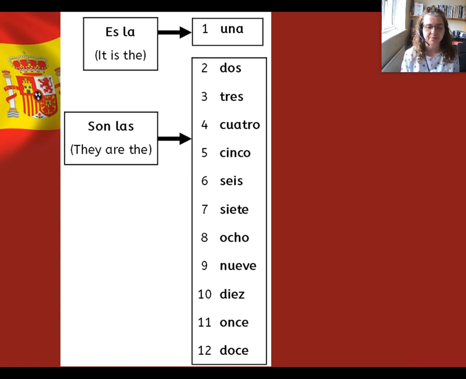Es la una. And it is 7 o'clock. Son las siete. It is 10 o'clock. Son las 10. And finally, it is 9 o'clock. Son las nueve.